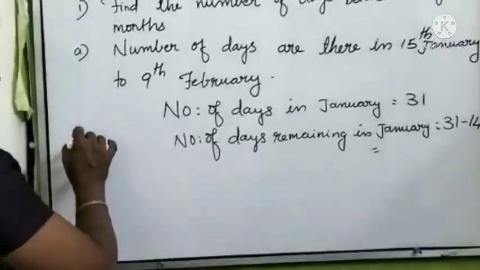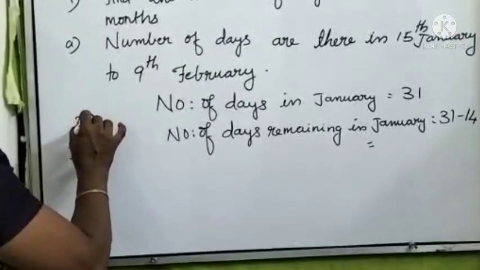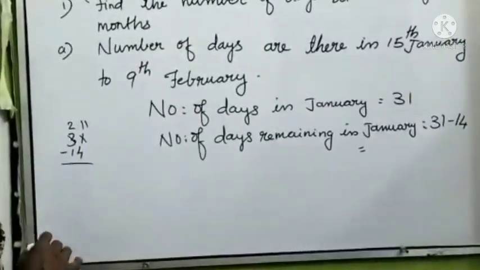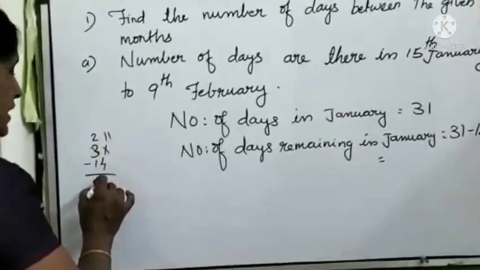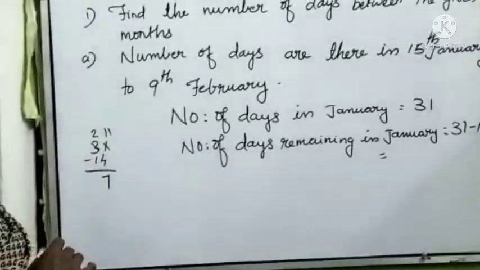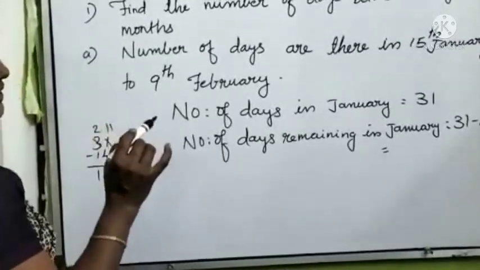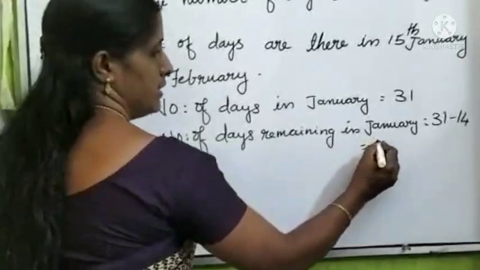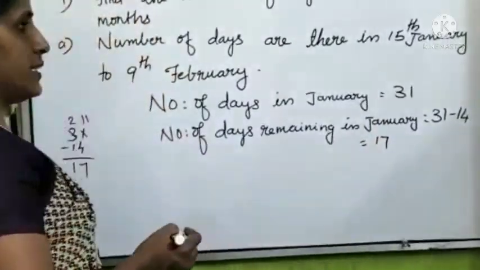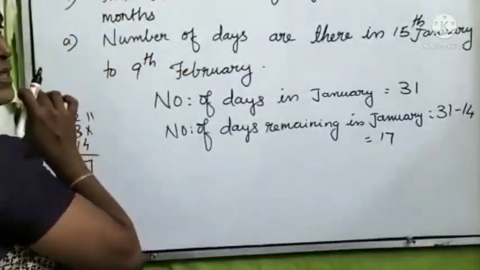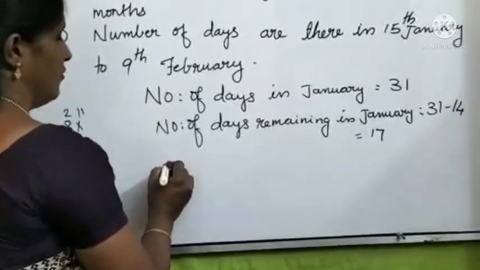No. So borrowing, 3 becomes 2 and 1 becomes 11. 11 minus 4, what is the answer? 7. 2 minus 1, 1. So how many days remaining in January? That is 17. Next step, we need to find out the number of days in February.